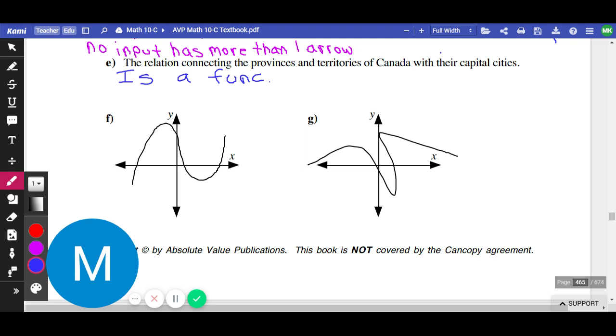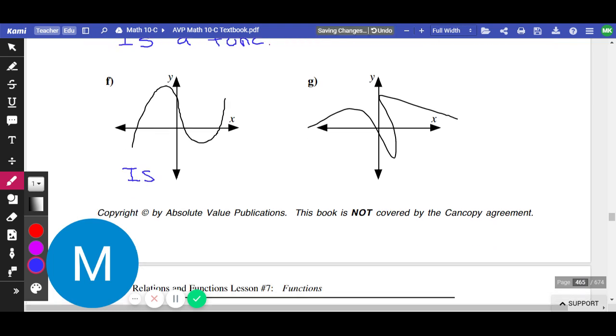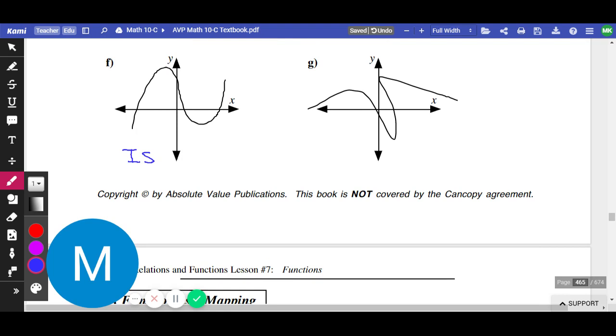It never has any sort of repetition. This passes the VLT. It is a function. I'm going to scroll this up a little bit so you can see better. Passes VLT.